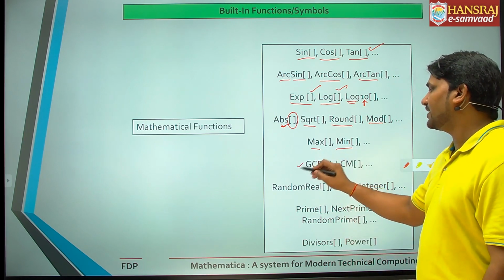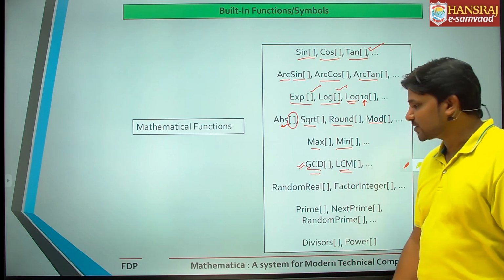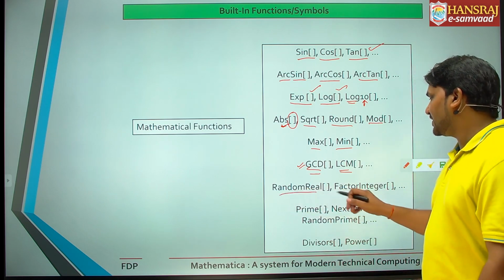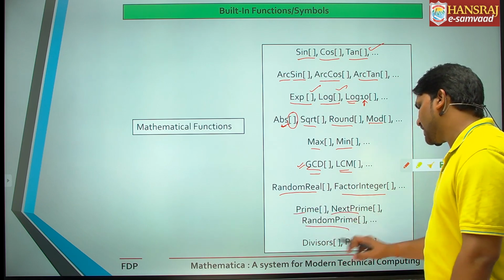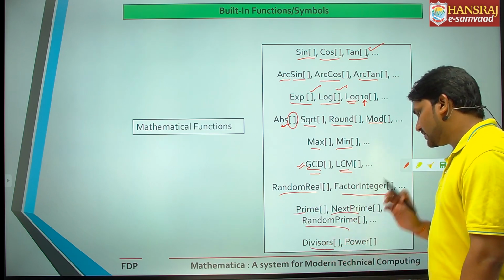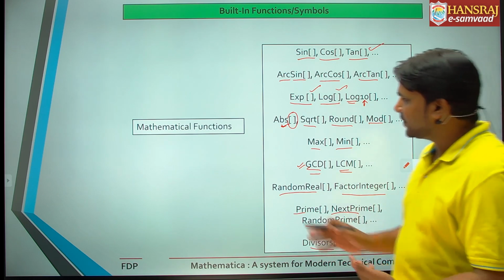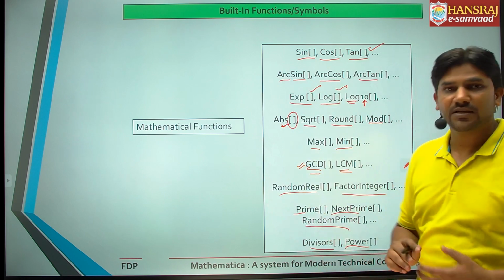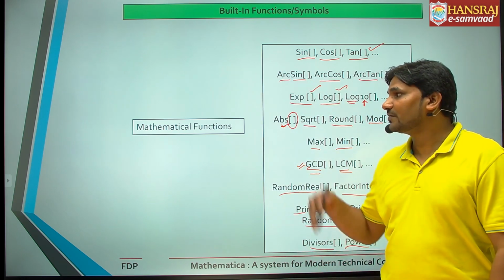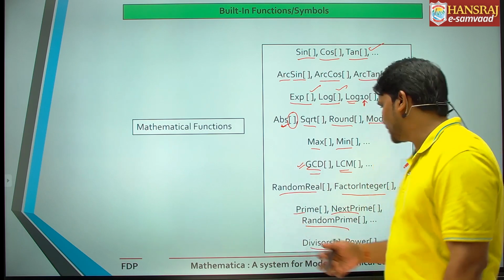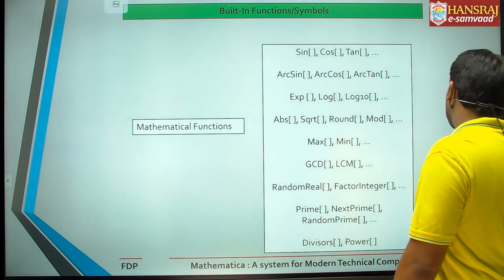Then you can also find GCD and LCM, greatest common divisor and least common multiple, and RandomReal, FactorInteger, Prime, NextPrime, RandomPrime, Divisors and Power. So these are some mathematical functions that I have collected here to make it easy to understand what mathematical functions we are using in Mathematica. Some others are also there, but that is sufficient to understand.